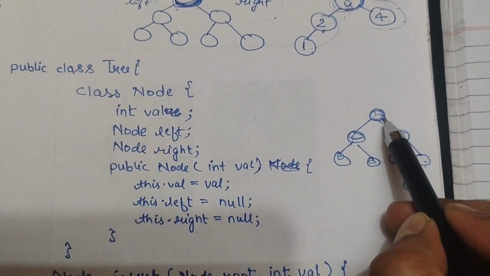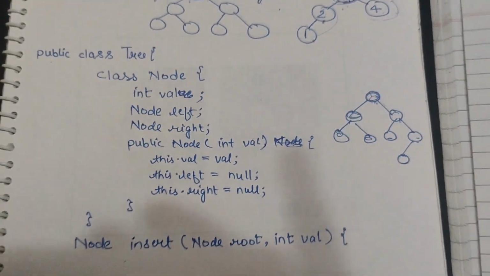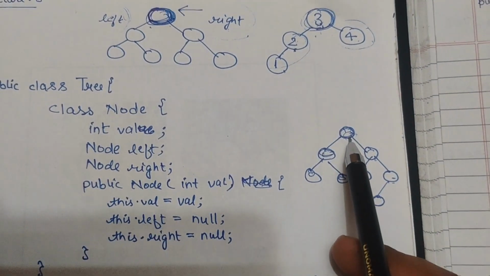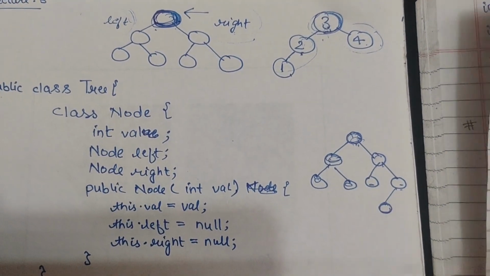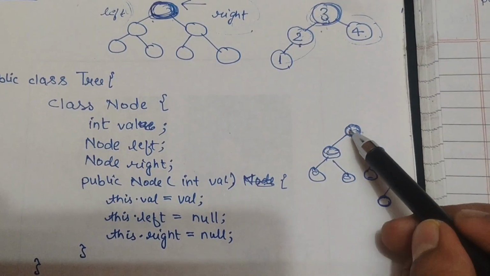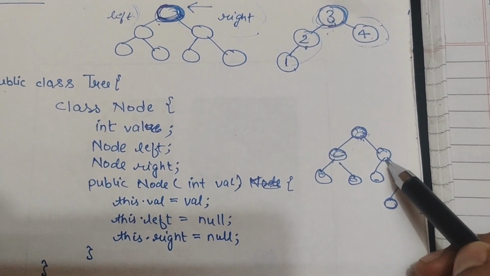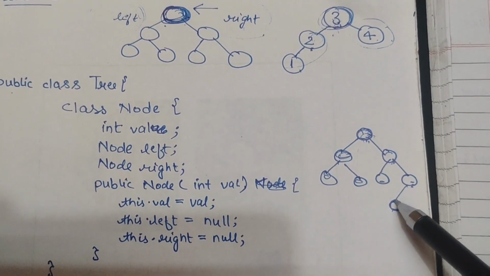It will check each and every node. First it will check this node. Now this particular value has to be greater than this, that's why it is on its right. It should be greater than this.